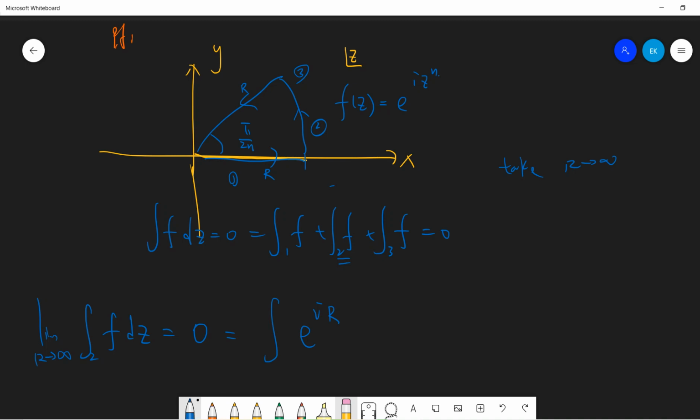So let's see. If z equals R exponential i theta, then this term will be exponential of i R^n, cosine n theta and so on, and dz is R i exponential i theta d theta, right? And then if you take the absolute value, this term will be less than or equal to this.